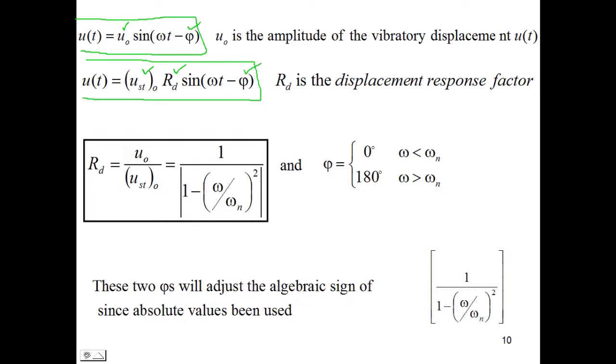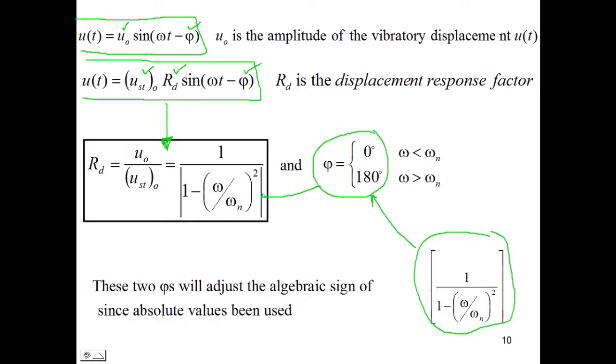Equating these two equations, we will get Rd equals... these two phi's will adjust the algebraic sign of 1 over 1 minus omega over omega n squared, since absolute values have been used, so that Rd will always be positive.